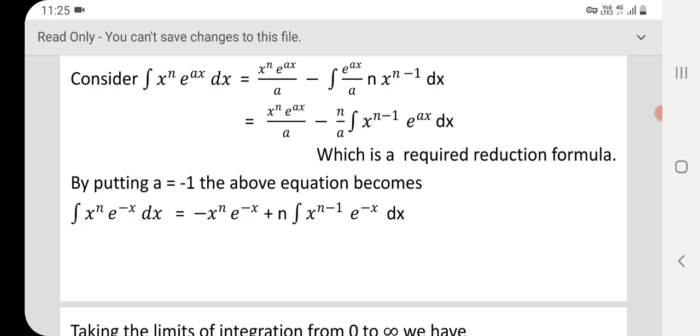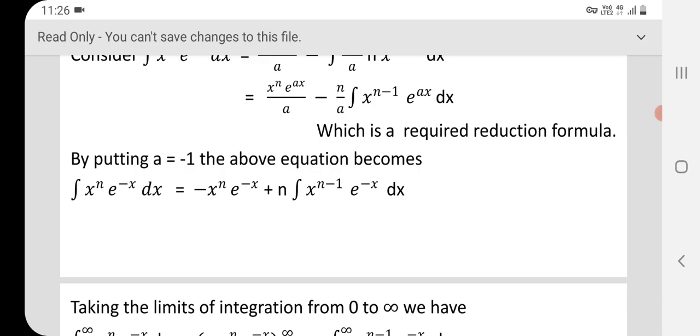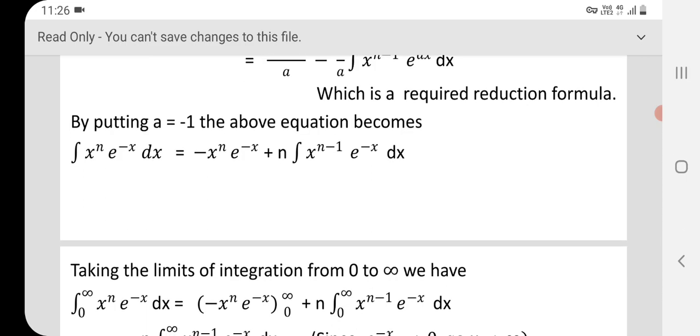By putting a equals minus 1 in the above equation, integration of x power n into e power minus x dx equals minus x power n into e power minus x plus n into integration of x power n minus 1 into e power minus x dx.